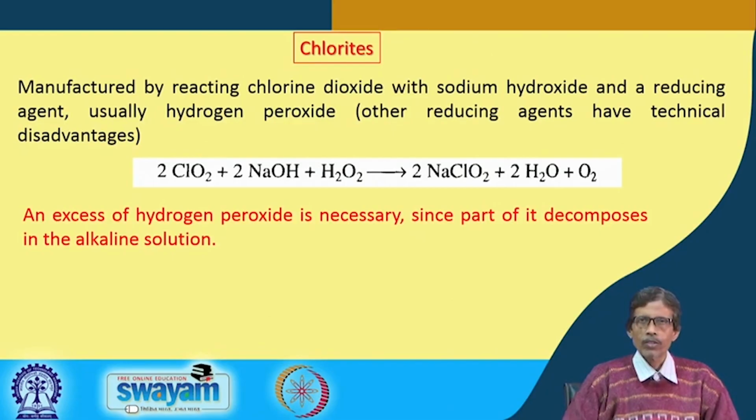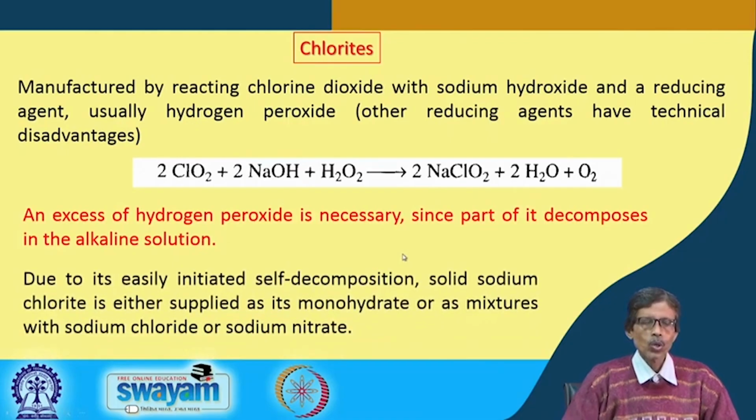Because the strength of the hydrogen peroxide is not well known all the time, because it has self decomposition pathways, and a part of what we use decomposes in this alkaline medium itself into O2 and H2O. So we should use a higher concentration of hydrogen peroxide for converting the ClO2 to the chlorite ions.